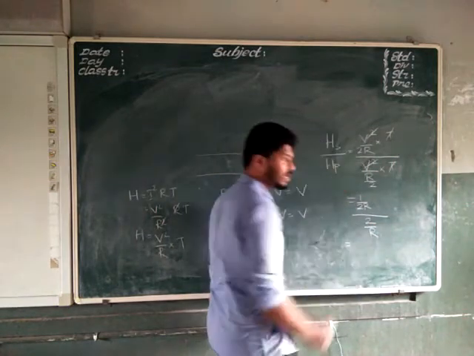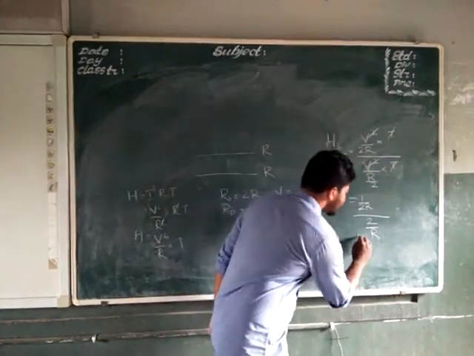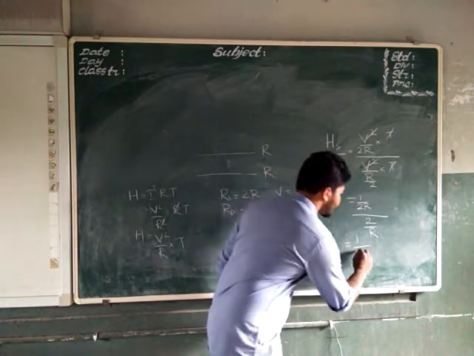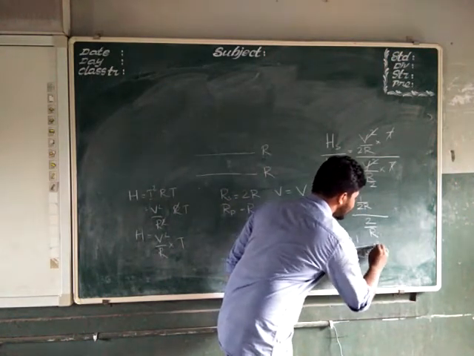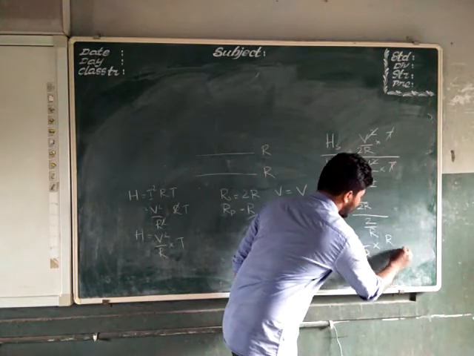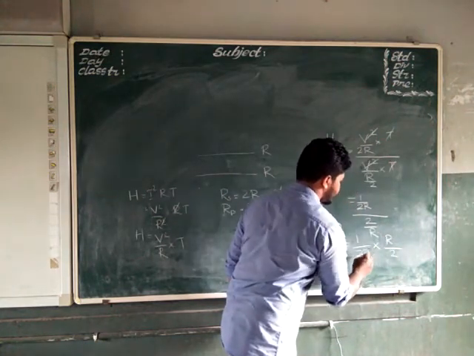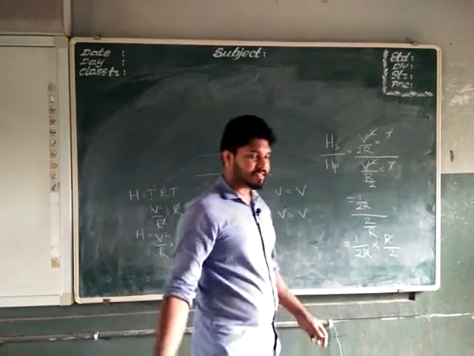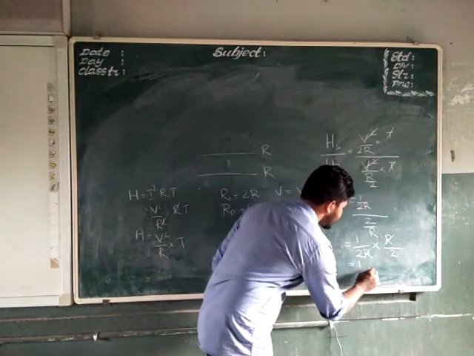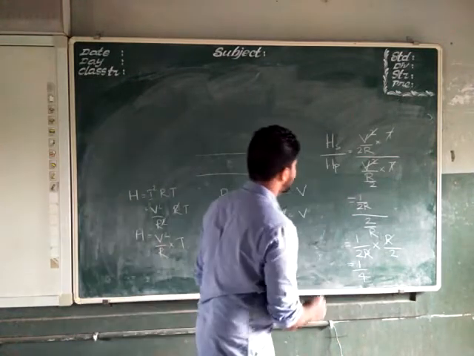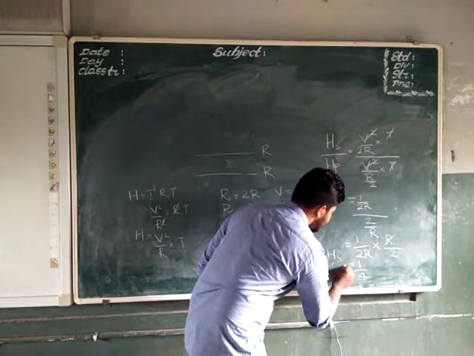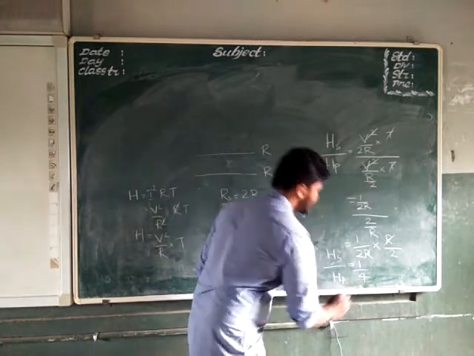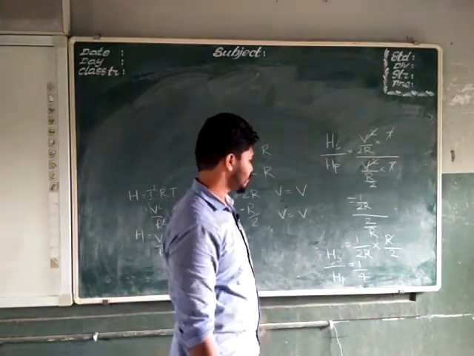Now how to do this calculation? Again, division of fractions is multiplication by the reciprocal, so 1 by 2R into R by 2. R and R get cancelled. The remaining one is 1 by 4. Hs divided by Hp is equal to 1 by 4.